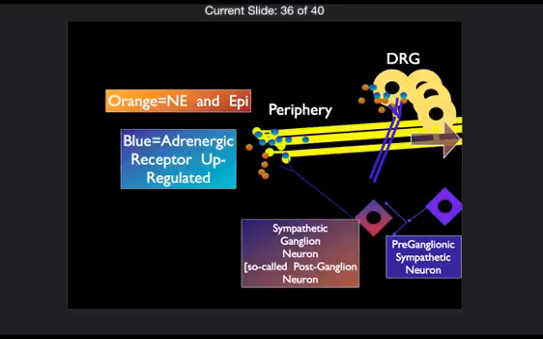There's an upregulation of adrenergic receptors at the terminal ends of sensory nerves. This is periphery. This is towards the spinal cord. And in addition, there's an upregulation of adrenergic receptors on the cell body, the perikaryon.